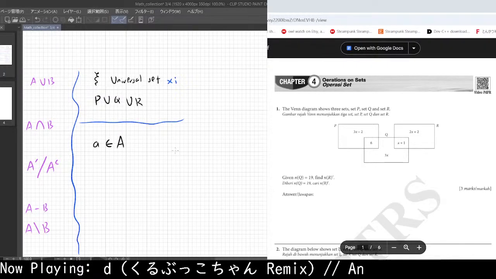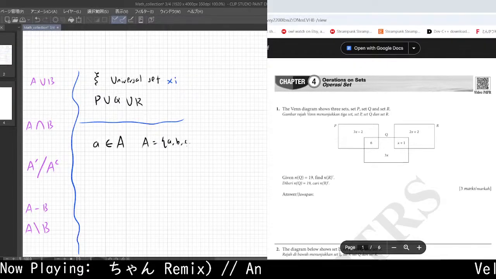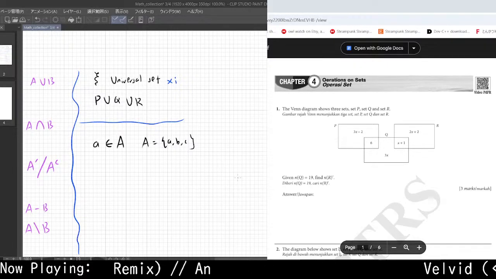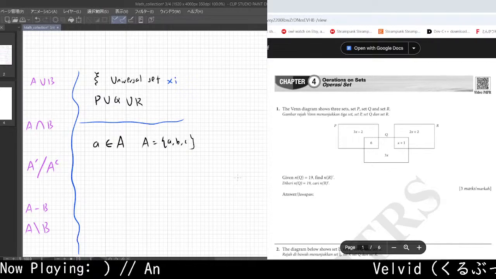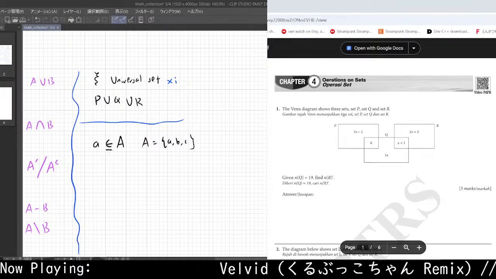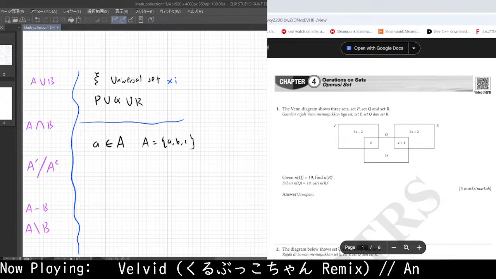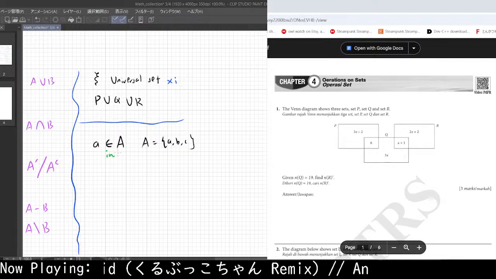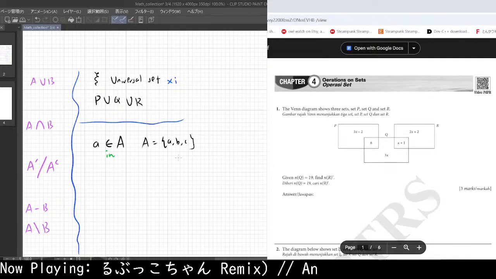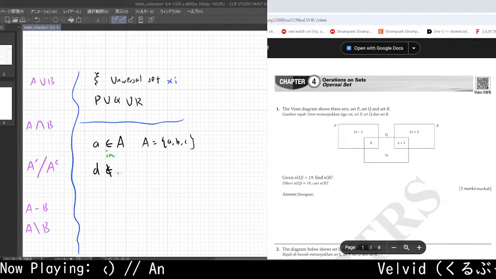For example, A might be the set containing the elements a, b, c, these three things. So if a single thing is inside the set, we use this symbol over here. We just call this in. If it's not in, we draw this, not in.